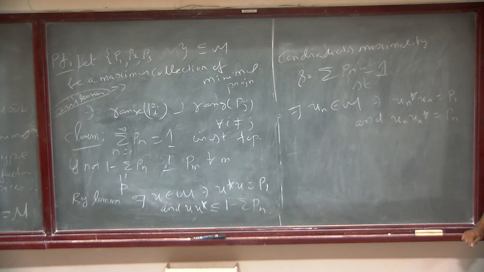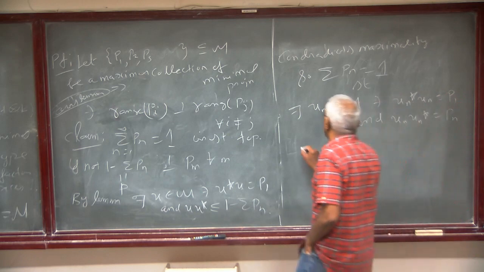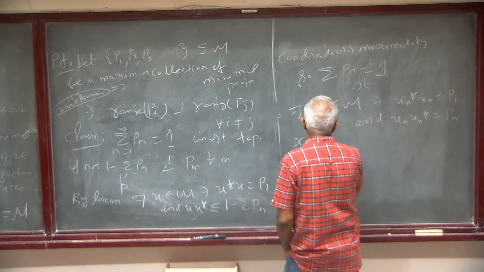I mean, by the lemma, you have a partial isometry such that this is less than or equal to P1, this is less than or equal to Pn. But because it's minimal, they have to be equal. Okay, Un star Un equal to P1, Un Un star equal to Pn. Then let X be in M.